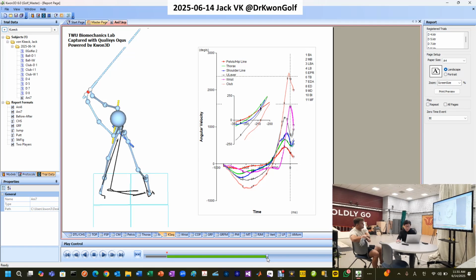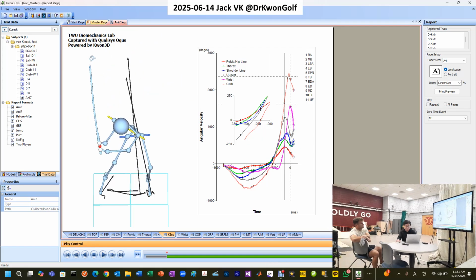And then the downswing, the timings of these peaks are okay. But you see how gradually the pelvis angular velocity increases here, from here, and then this is the transition point. This is a pretty slow increase here.